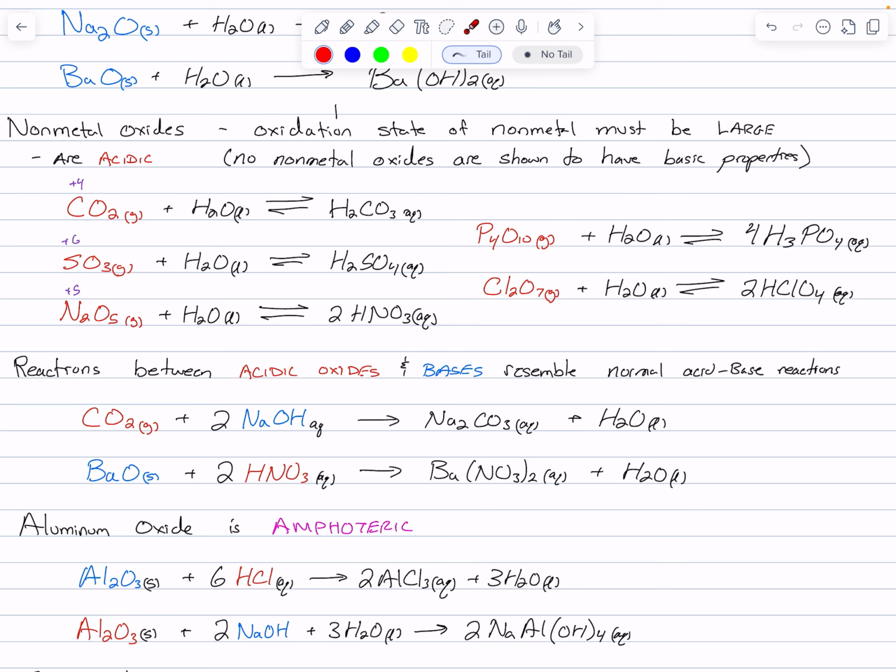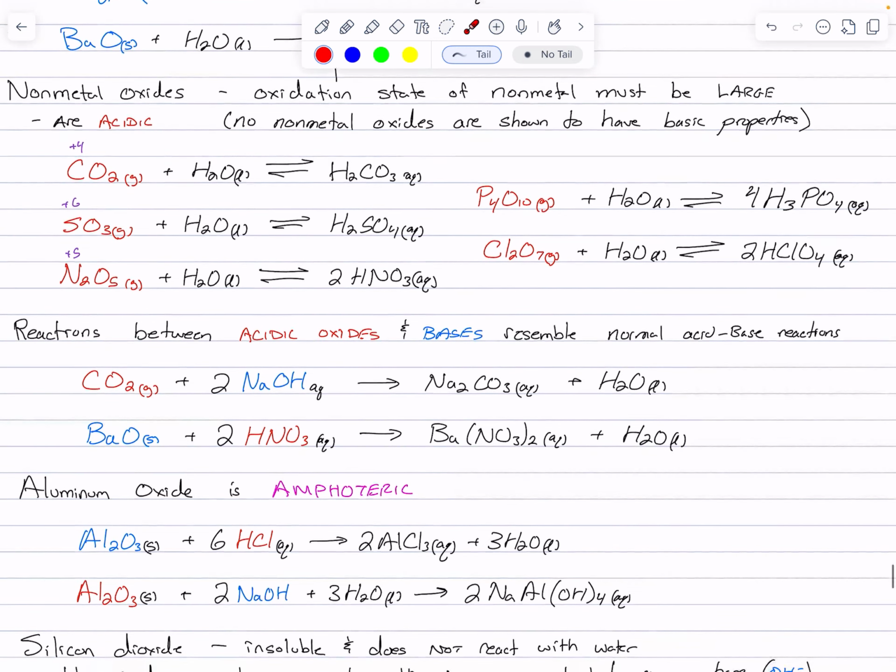Acidic oxides with bases tend to look just like a normal neutralization reaction, or normal acid-base reaction, where you have your acid, your base, your salt, and your water.